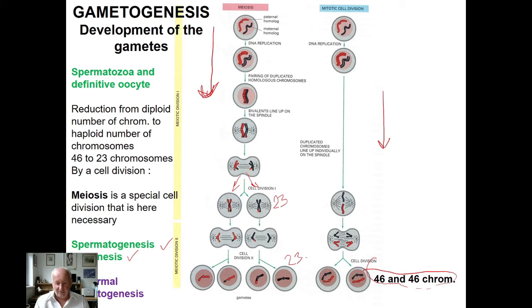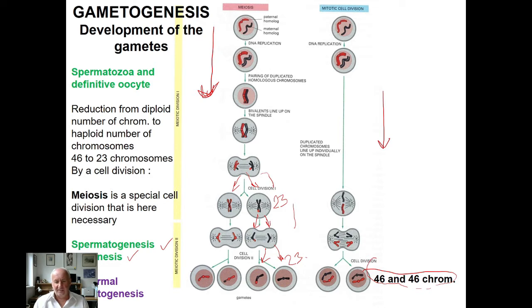A very short interphase, and this new cell will be dividing once more into the next two cells, and these two cells will have 23 chromosomes, but each chromosome only one chromatid. Haploid number.